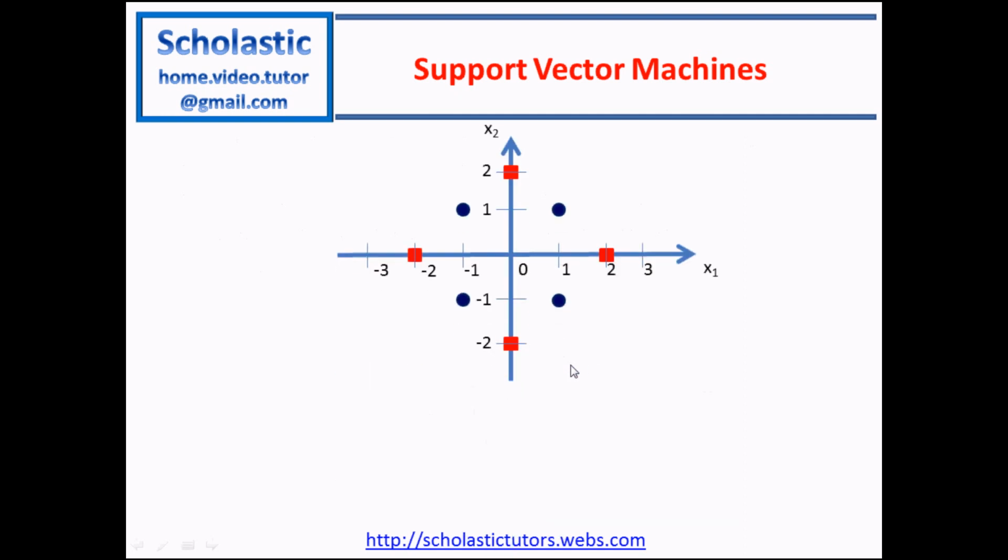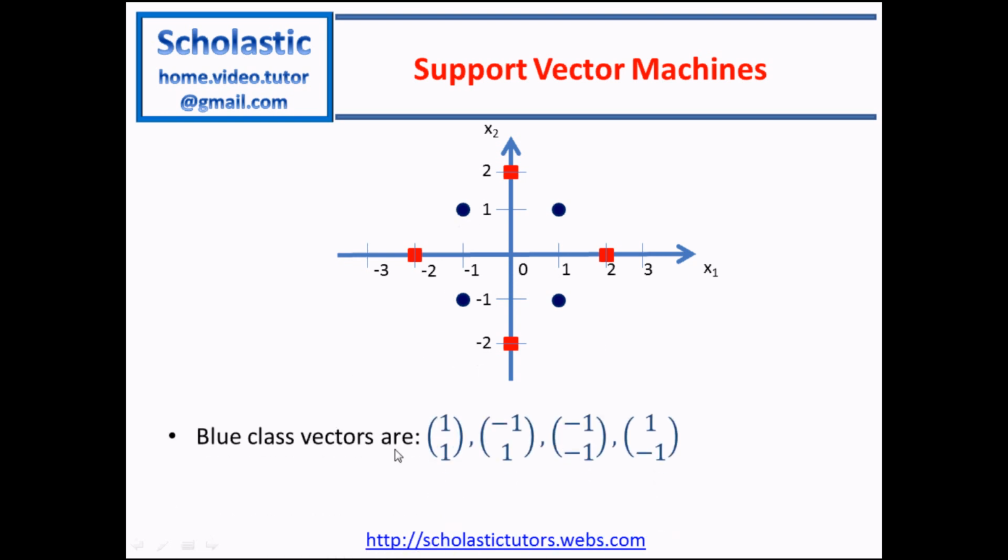First of all, let's try to understand the vectors here. In this case we have the blue class vectors (1, 1), (1, -1), (-1, 1), (-1, -1). Basically these numbers represent the features, feature x1 and feature x2.